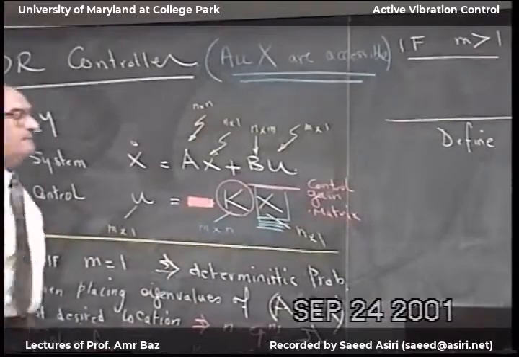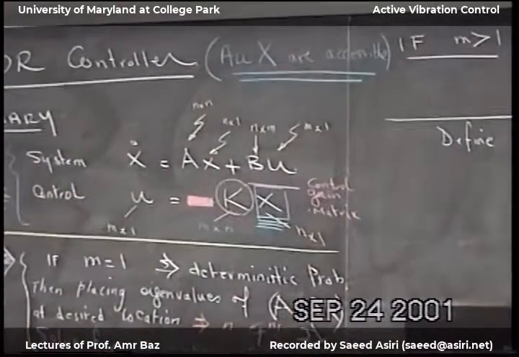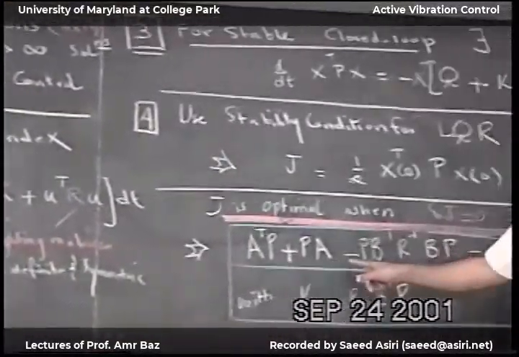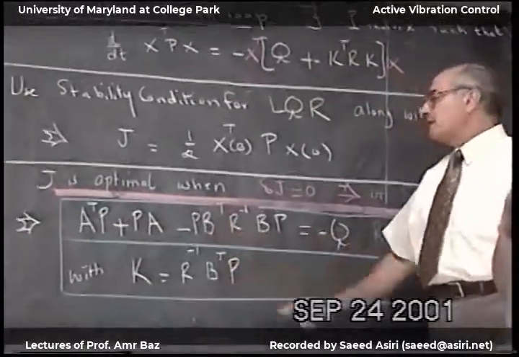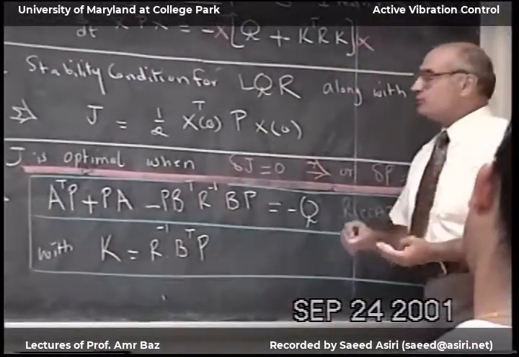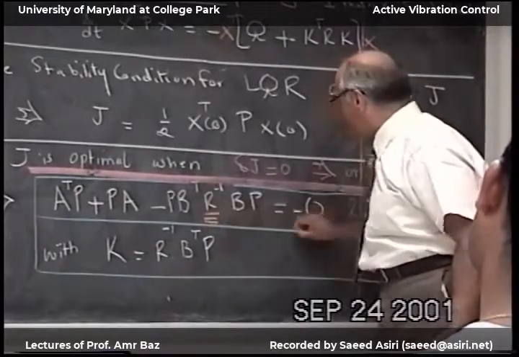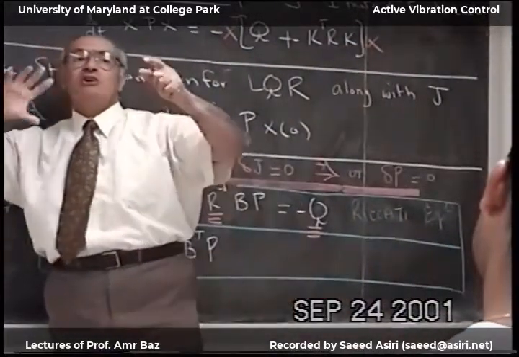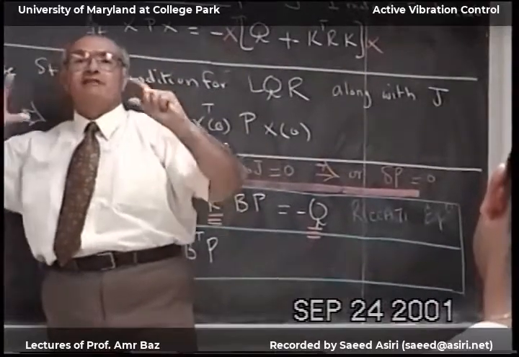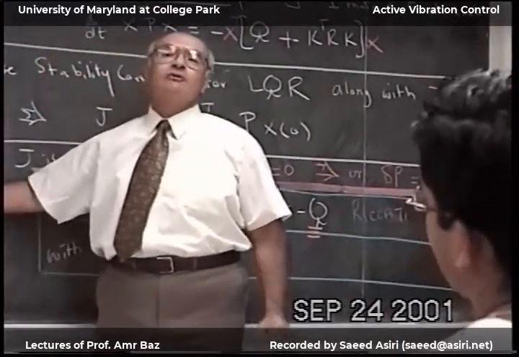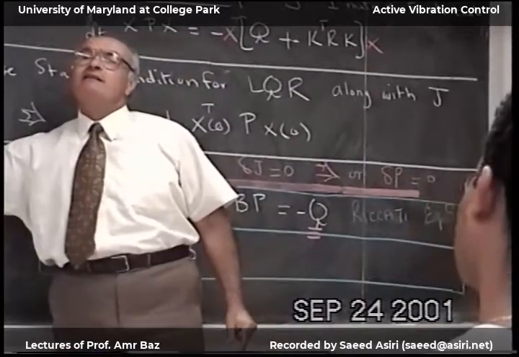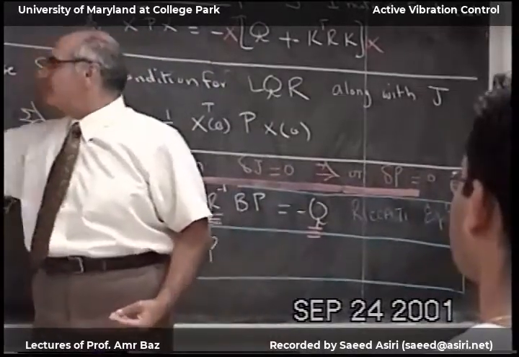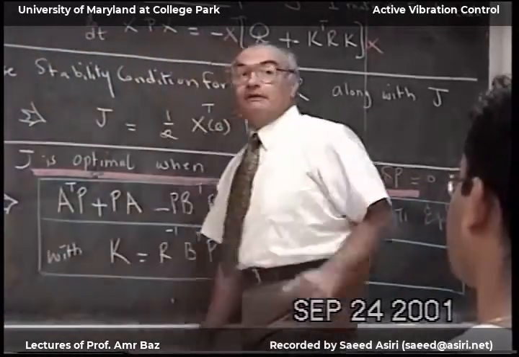Okay. So now we have the A, the B, and then now, as a designer, you select these two matrices, the R and the Q. How much each state is more important than the other, how much the control effort is important compared to the vibration. This is vibration, this is energy to control the vibration.